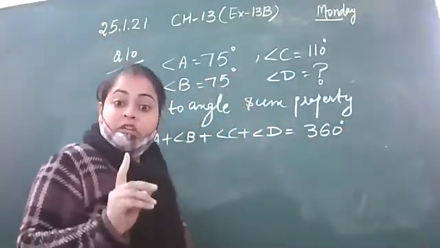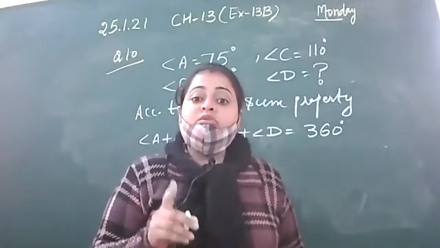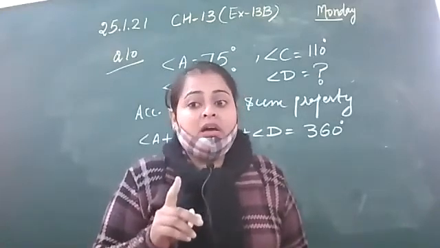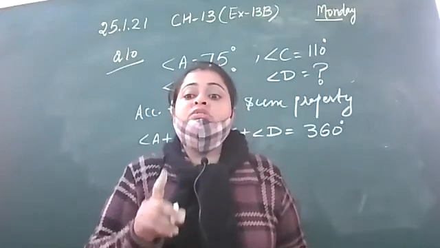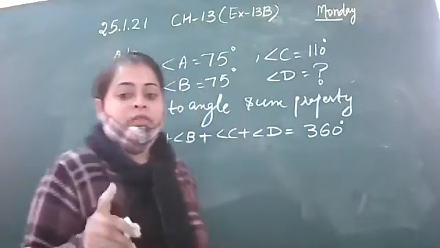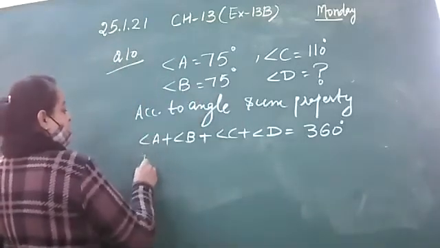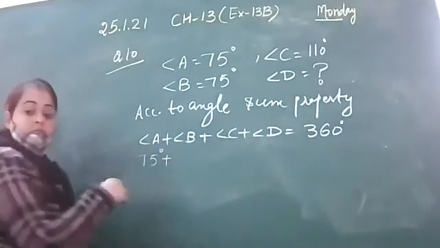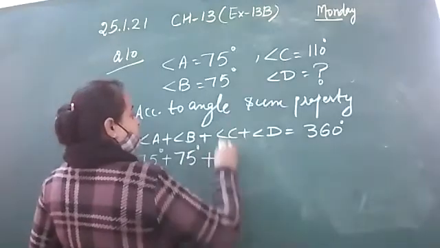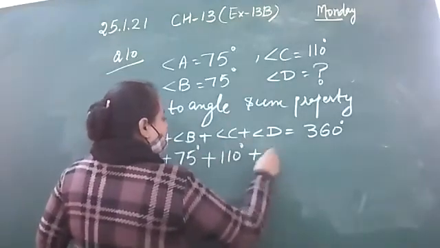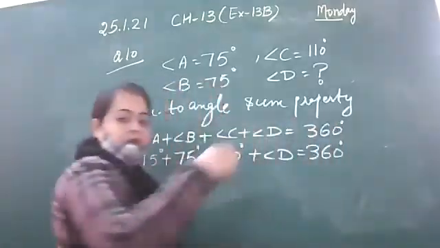Not 180 degree. 180 degree we will use if the figure is triangle. But the given figure is quadrilateral, so we will use 360 degree. Well done. So A is 75, B is 75, C is 110 plus D is equal to 360 degree.